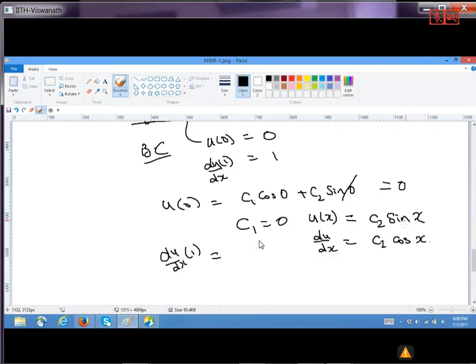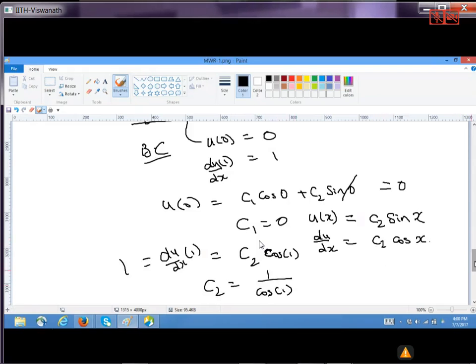If I evaluate at 1, this becomes c2 cosine of 1, and you know that this is equal to 1. So that means c2 is equal to 1 by cosine of 1.